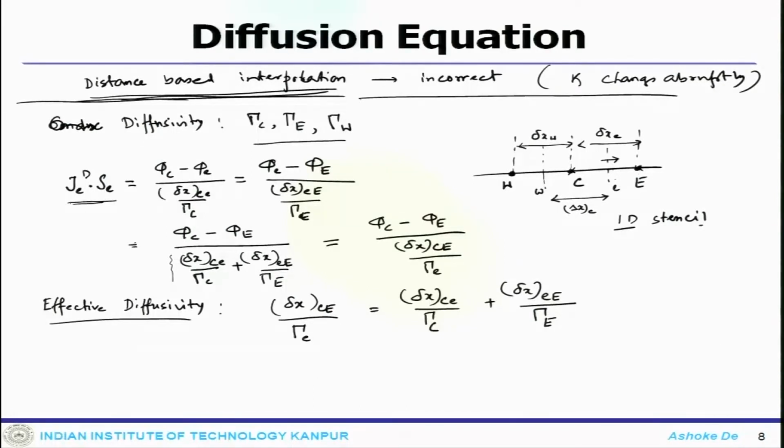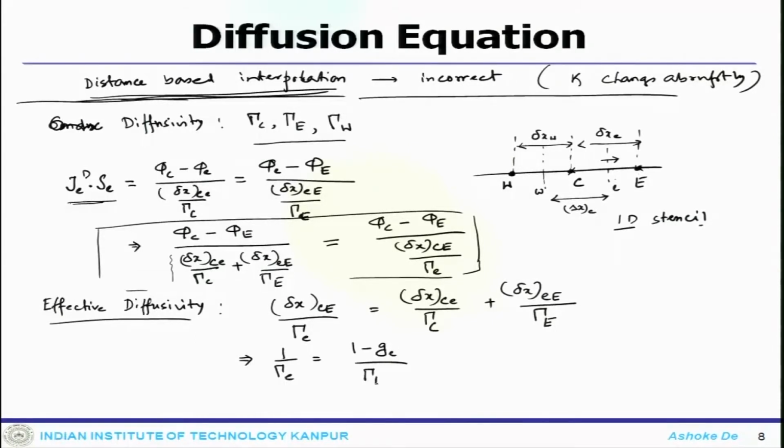So, if you look at this expression, one can write the effective conductivity as 1 by gamma e equals (1 minus G e) by gamma E plus G e by gamma C.